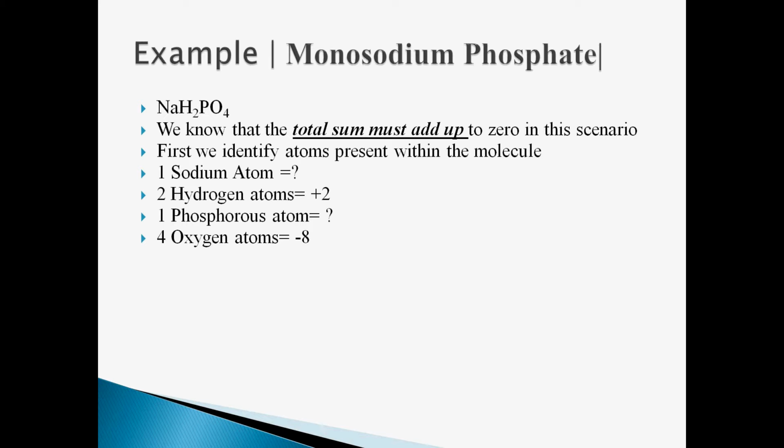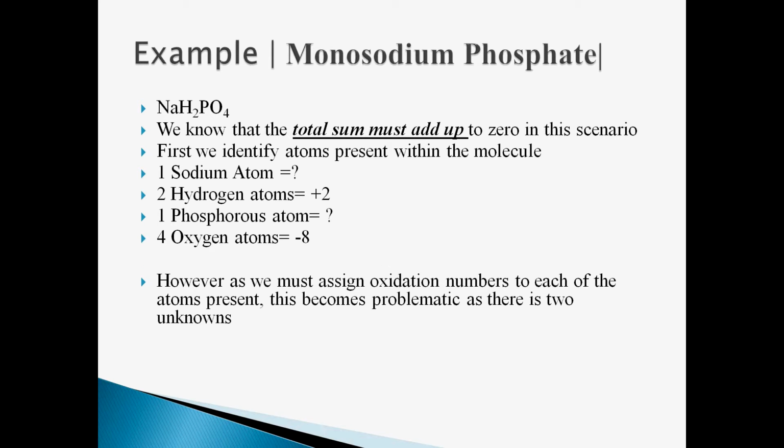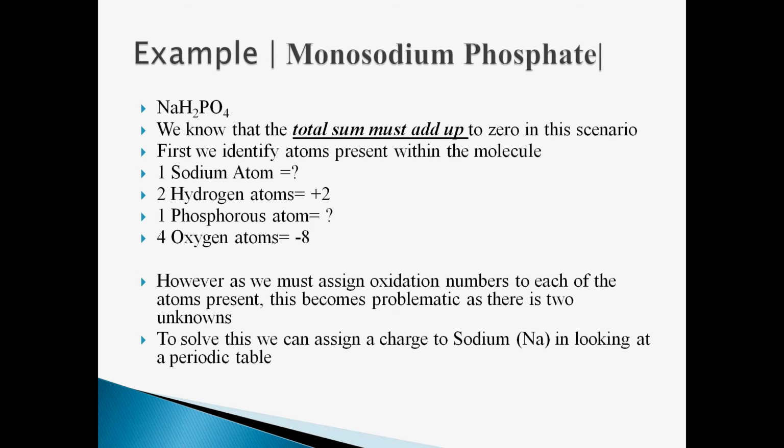However, we have a problem. We have one sodium atom and 1 phosphorus atom. This becomes problematic as there are 2 unknowns, let's say x and y, and you can't really do much with that. However, we can solve for what charge the sodium atom is providing by using a periodic table.